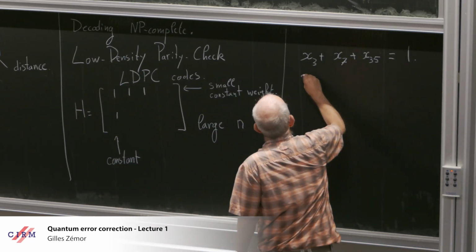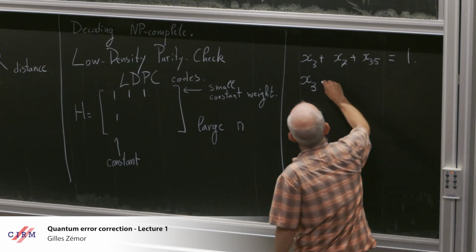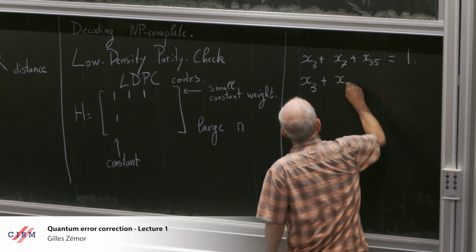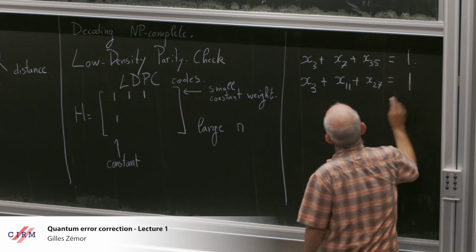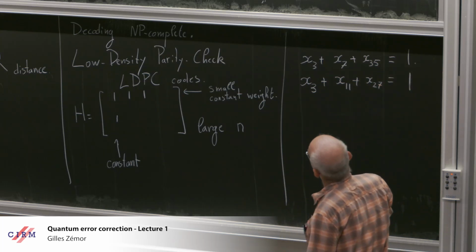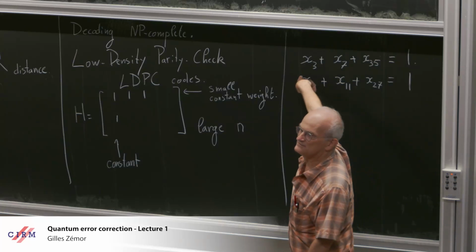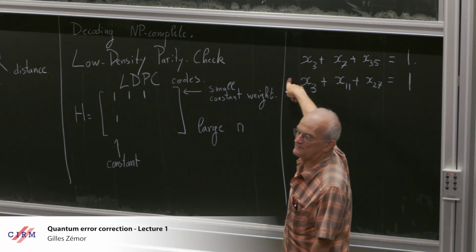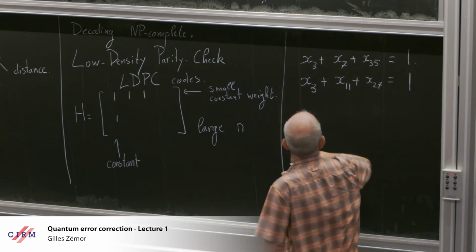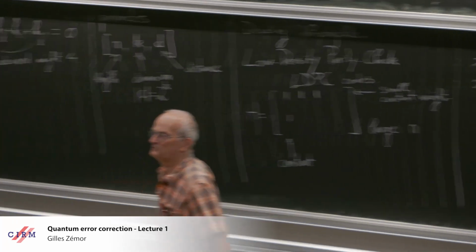And maybe you will get another equation that tells you x3 plus, I don't know, x11 plus x27 is also equal to 1. And then you will think, oh, it's extremely likely that I have an error in position 3. If I just change the value of bit number 3, those two equations all of a sudden will be corrected.